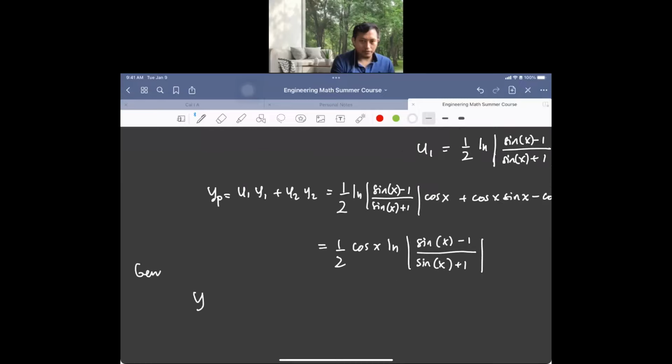So the general solution y is c1 cosine x plus c2 sine x plus half cosine x ln.